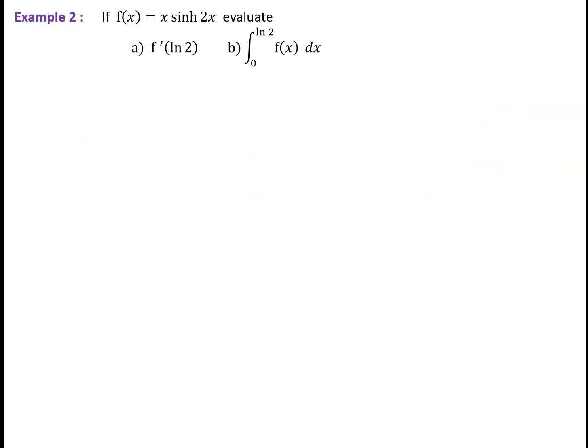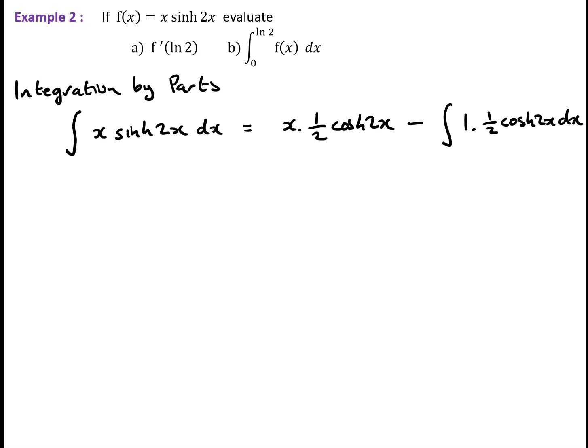For the integral of f of x, we're going to need to use integration by parts. And using integration by parts, we're able to say that x sine 2x is first of all going to be the integral x times the integral of sine 2x, which gives me x times a half cos 2x.